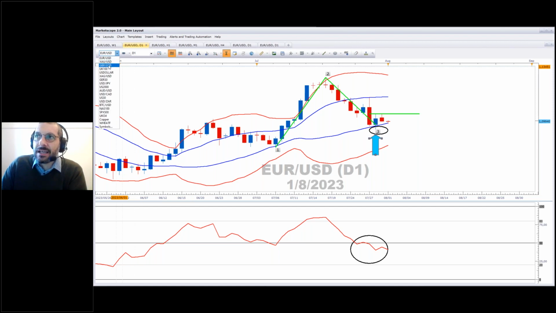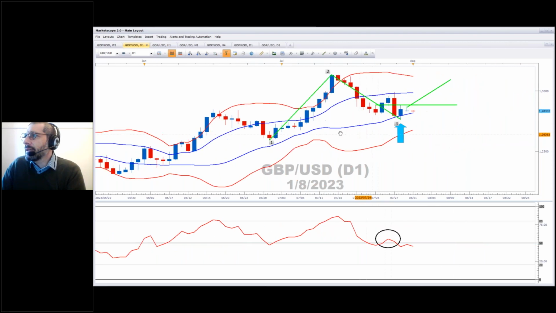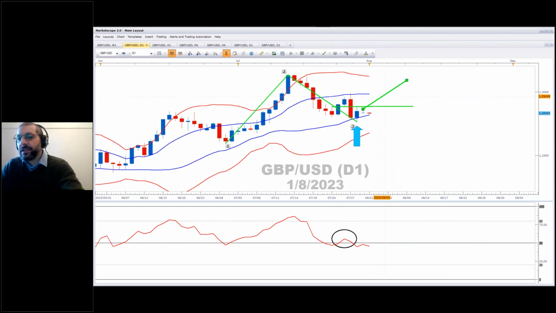Let's take a look at cable. All right, and I'll take this out. Cable, I think similar type of analysis as to the euro. It's feeling the dollar strength and it's pulling back as well.